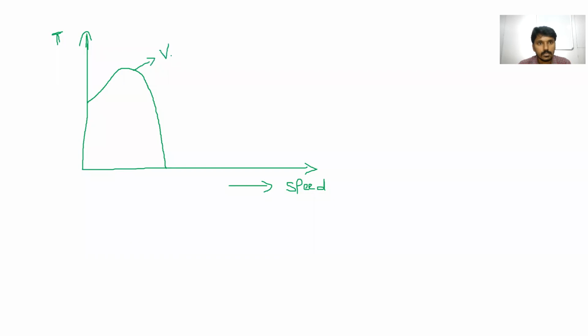So this is the speed torque characteristics when the voltage is V1 and the frequency is F1. The voltage is at some value, whatever the magnitude.